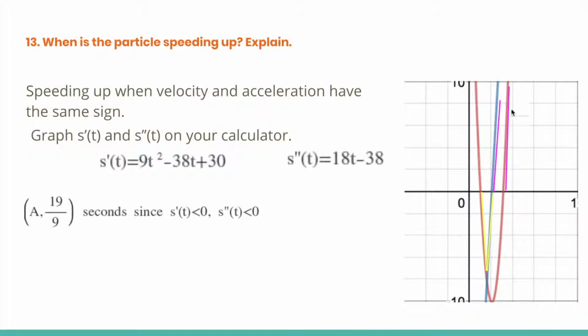From there until the end of the interval, which is 6, the particle is speeding up again. So your answer here is B to 6 seconds, since S prime of t is greater than 0 and S double prime of t is greater than 0. You have to consider both when S prime of t and S double prime of t are less than 0, and also when they are greater than 0.